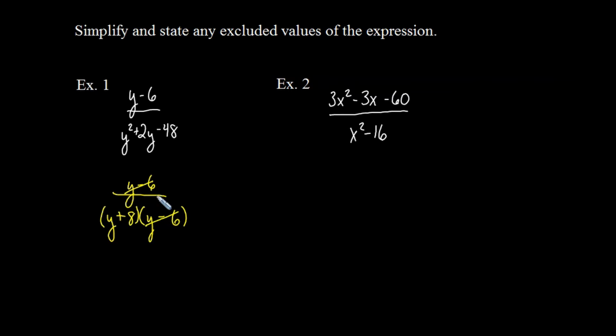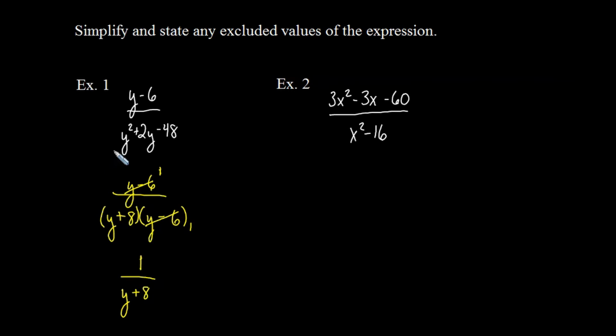And what is actually happening here is y minus 6 divided by y minus 6 is 1. So while we say cancel, what actually is happening is we're dividing those to give us a quotient of 1. So now we will rewrite our rational expression as 1 over y plus 8.